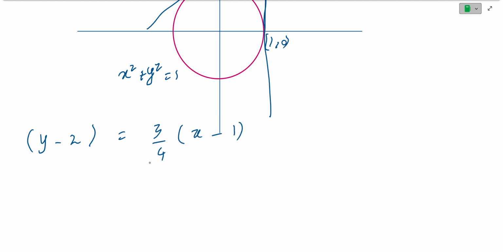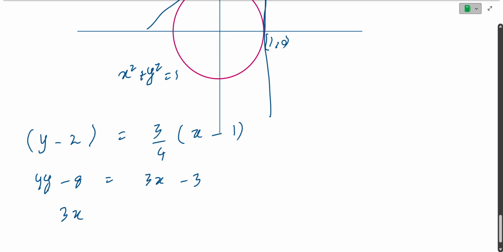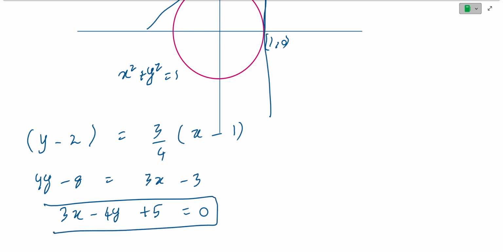Simplify this, transposing the 4 to the left-hand side: 4y − 8 = 3x − 3. So 3x − 4y + 5 = 0. This is one equation of the tangent.